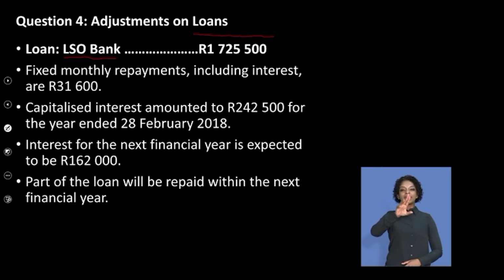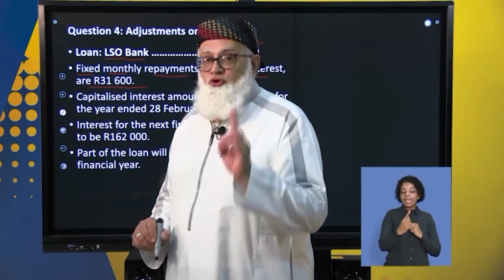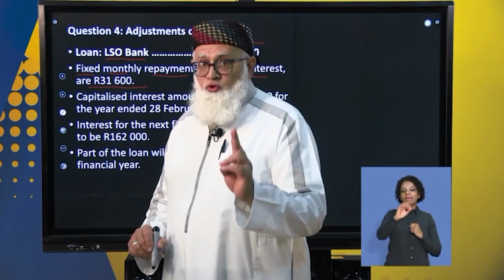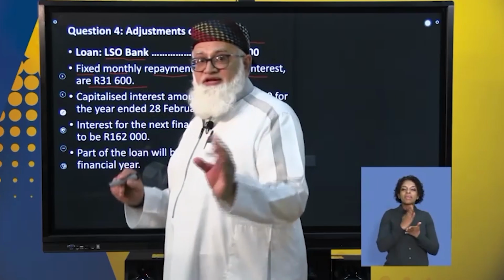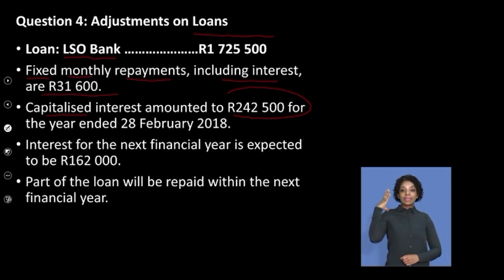Information regarding the loan is important. We have fixed monthly repayments, including interest, and that amounts to 31,600 per month. Fixed monthly repayments. Remember what we said? RTFQ. Make sure you read the full question. Okay. What about the interest? It's capitalized and amounted to 242,500.